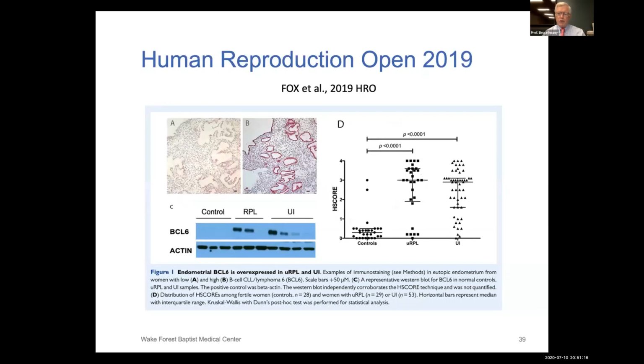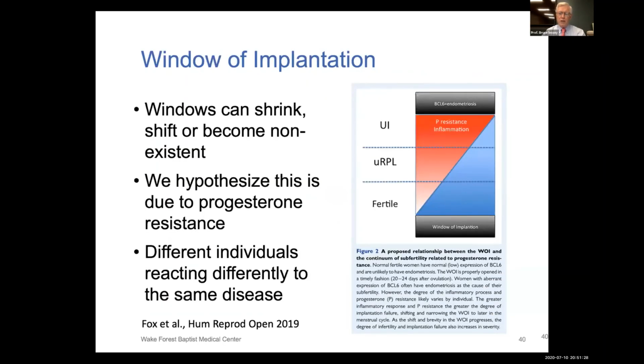And when we laparoscoped the patients with unexplained recurrent pregnancy loss, most of them did have endometriosis, suggesting that these conditions are really very similar and perhaps are only differentiated by the degree to which their endometrial receptivity is compromised.